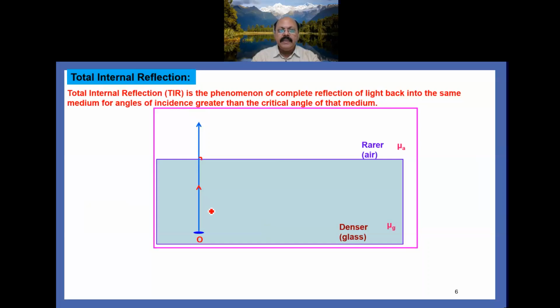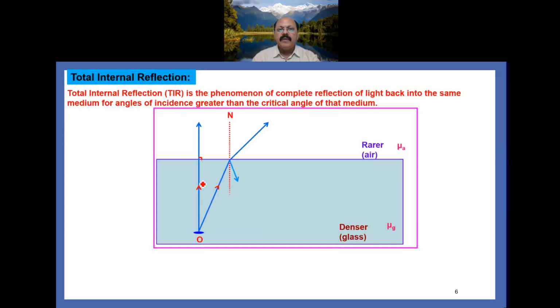then it passes straight. So a ray of light which is incident on this interface from the object placed in the denser medium, when this ray of light is incident normally on this interface then passes straight.